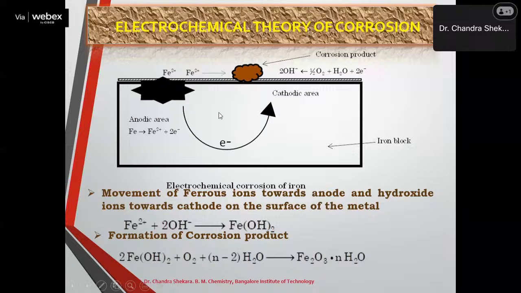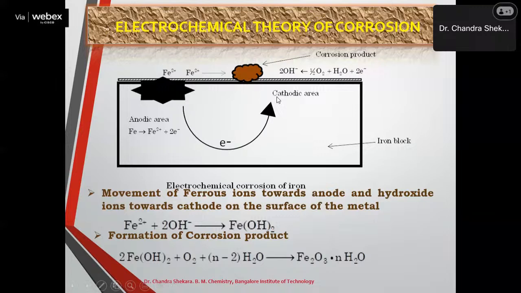The reaction that occurs at the anodic area depends upon the reaction that occurs in the cathodic area, because in a redox reaction both oxidation and reduction occur simultaneously, and the rate of reaction depends upon the difference in potential between these two reactions.